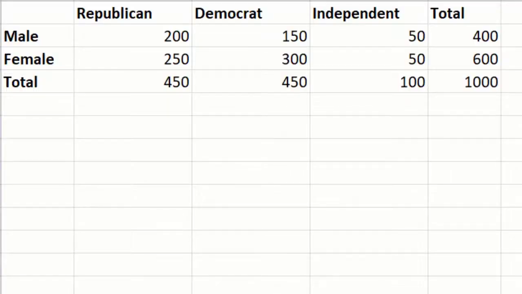Now back to the table itself. Looking at the rows here, we have two major values, being either a male or a female. Both of these values belong to a categorical variable that we can name gender.